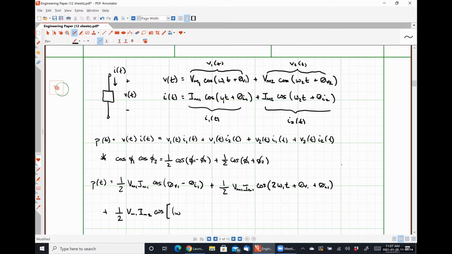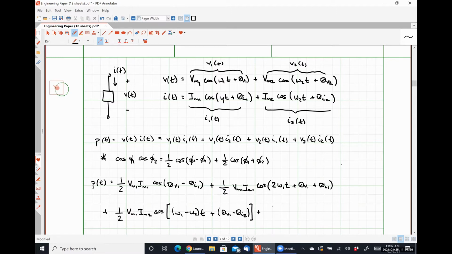So we're going to have omega 1 minus omega 2 times t plus theta V1 minus theta I2. So this is a third frequency.